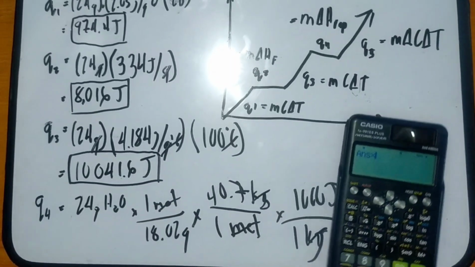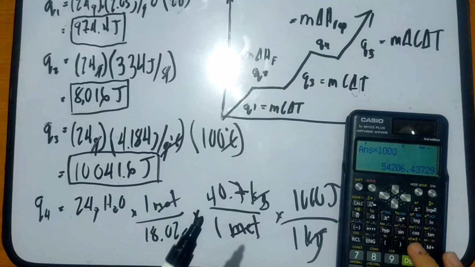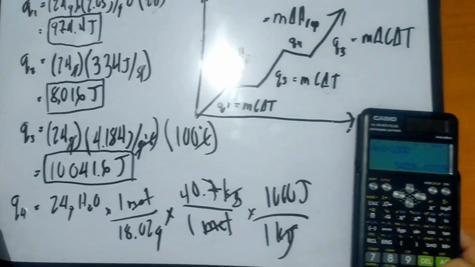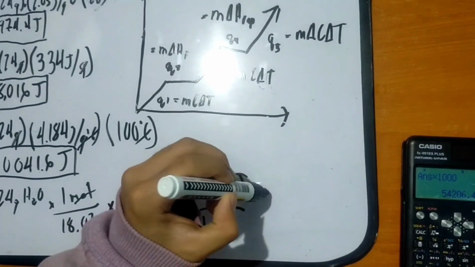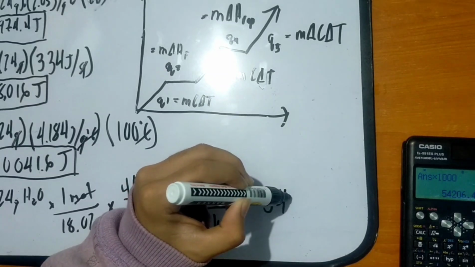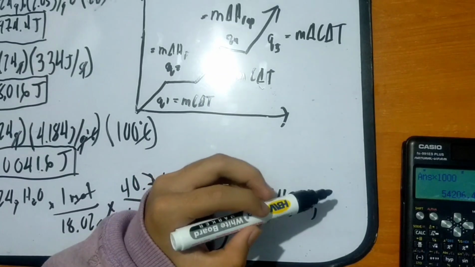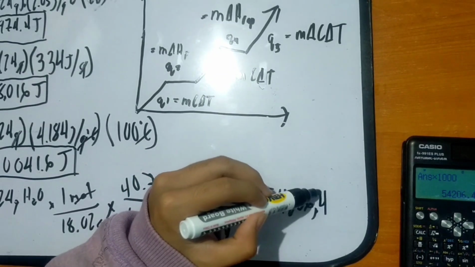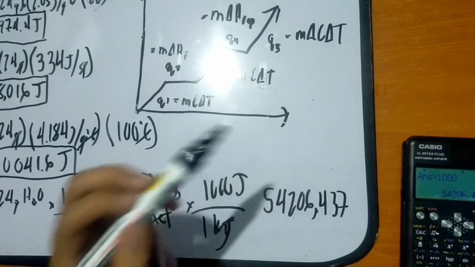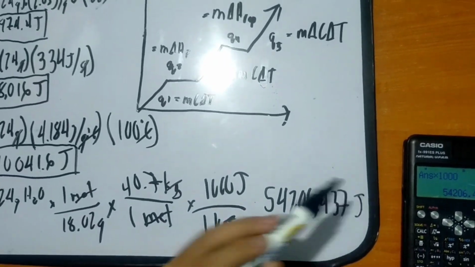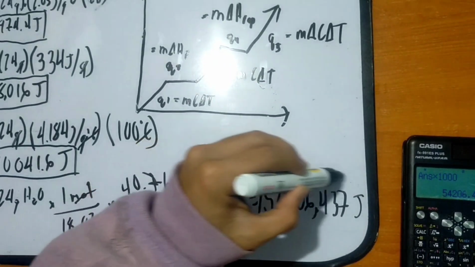Yan, times natin siya sa 1,000. We now have 54,206.43 or 47. So that is our joules. Okay?